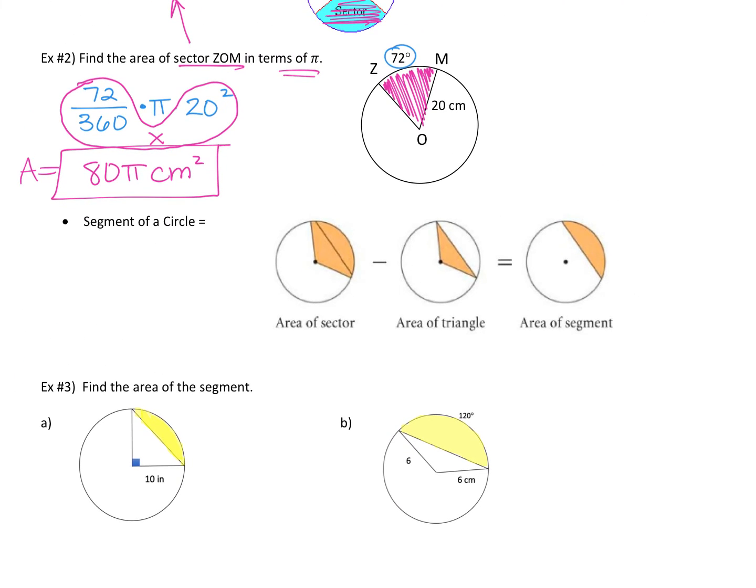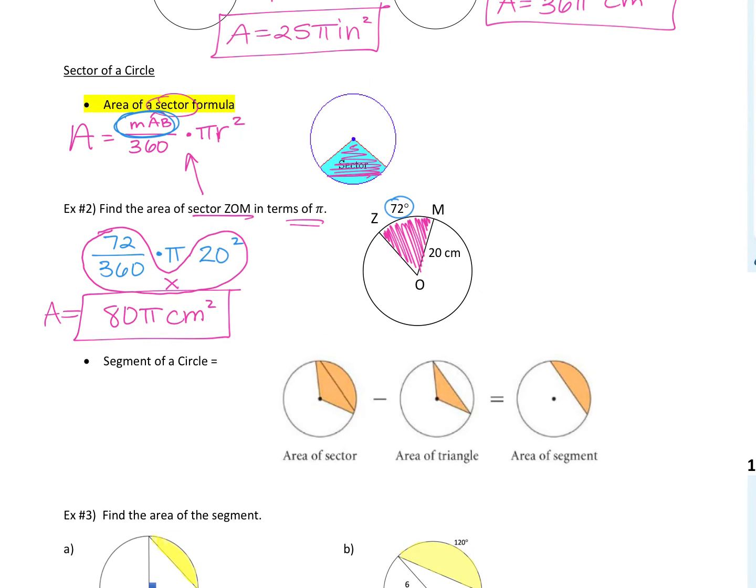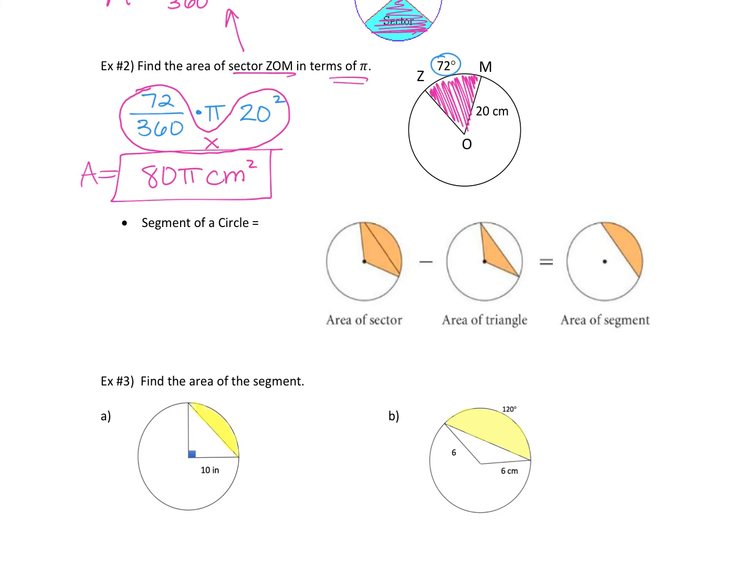We're going to take that idea one step further. So this is a sector of a circle. We're going to talk a little bit about a segment of a circle. It's a little bit tricky because it's not a segment, not a piece of a line. It's a segment of a circle.